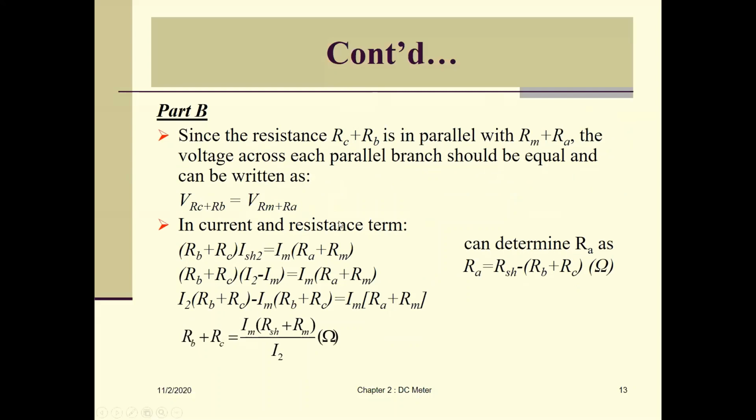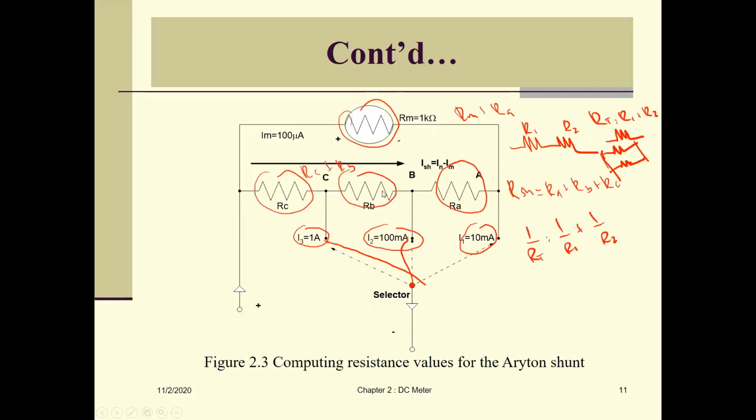If you look at part B that I mentioned to you, RC and RB will be added and then parallel with RM. You can see the part B selection here, so RA is in series with RM but parallel with RB and RC in series.